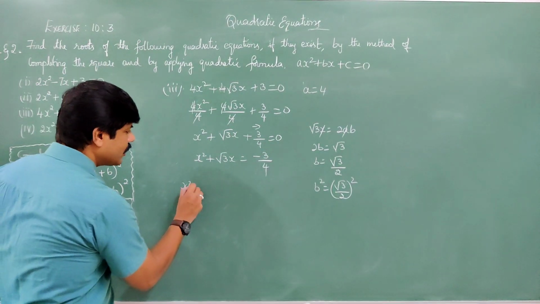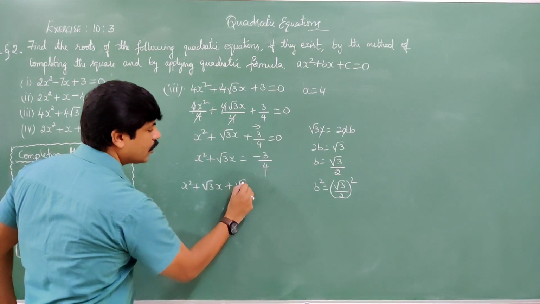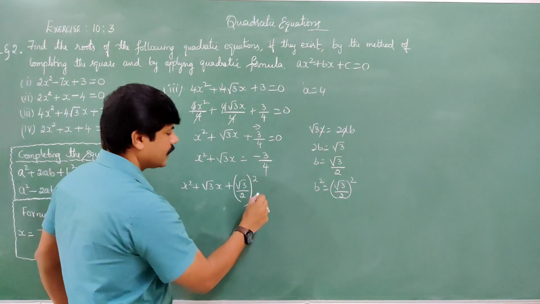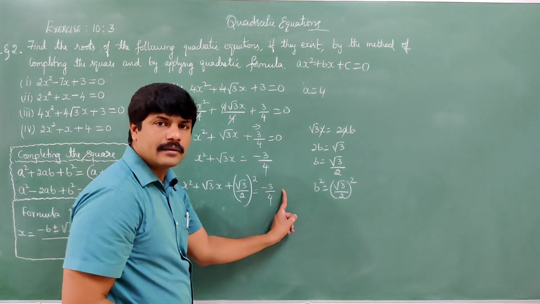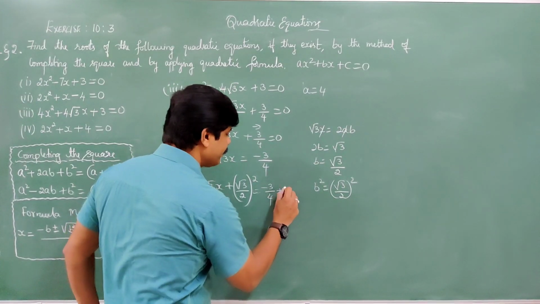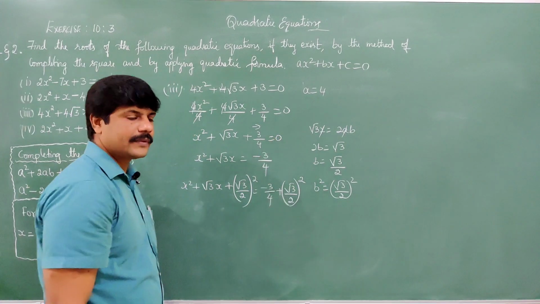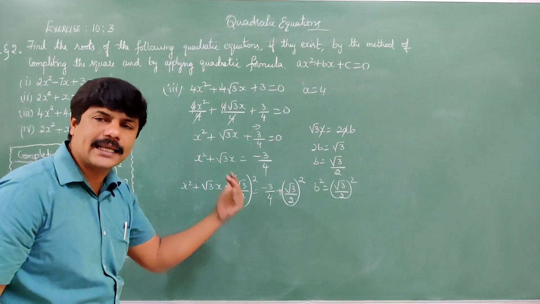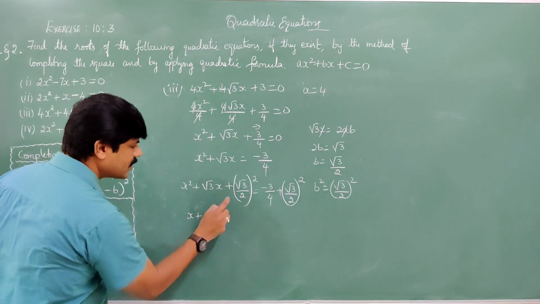That is x square plus root 3x plus root 3 by 2 whole square is equal to minus 3 by 4. We should add the same on the other side also, that is plus root 3 by 2 whole square. Understand? This is nothing but a square plus 2ab plus b square, which is a plus b whole square. What is a? A is x, plus what is b?